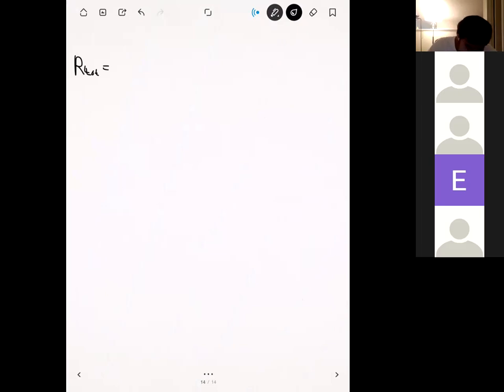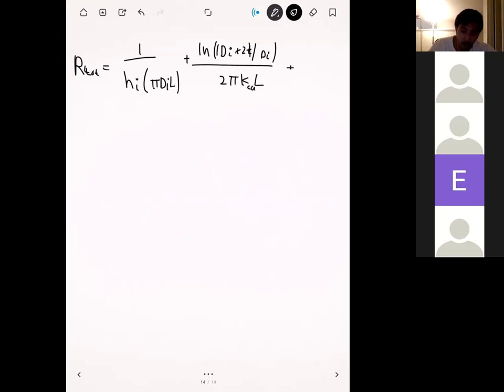The total resistance is going to be 1 divided by HI times the innermost area, so this would be pi di times L, plus ln of (di plus 2t) divided by di, divided by 2 pi KL, and this is K of the copper, plus 1 divided by HO times the area where the outer fluid's connecting to the inner one.